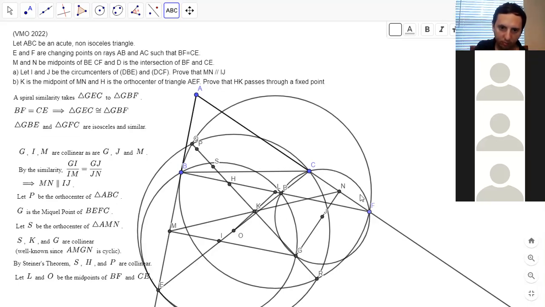And KO, NL, oh, they're both midlines, that's right. So L is the midpoint of BF. Oh, because M is the midpoint of BC, and okay. So MO is half BD, and okay.